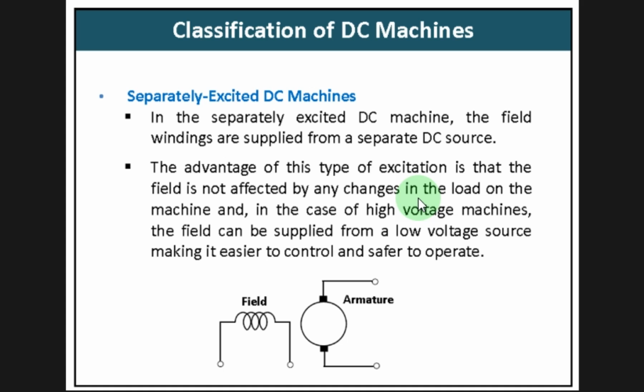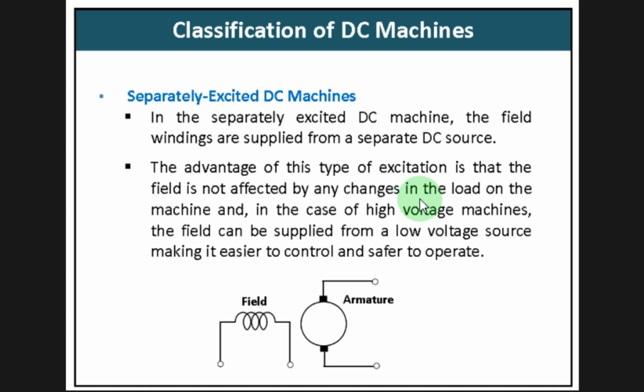For example, if it is a generator, load means the external circuit that we connect to the current generated. If it is a motor, the load means the mechanical load that we try to rotate using the motor.